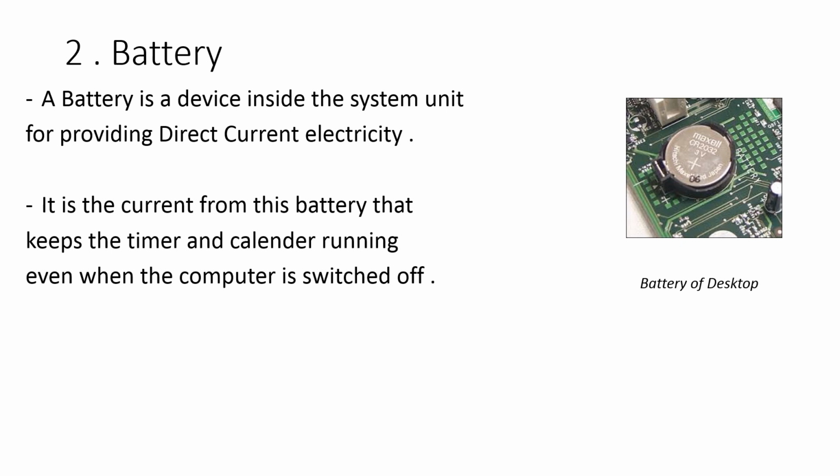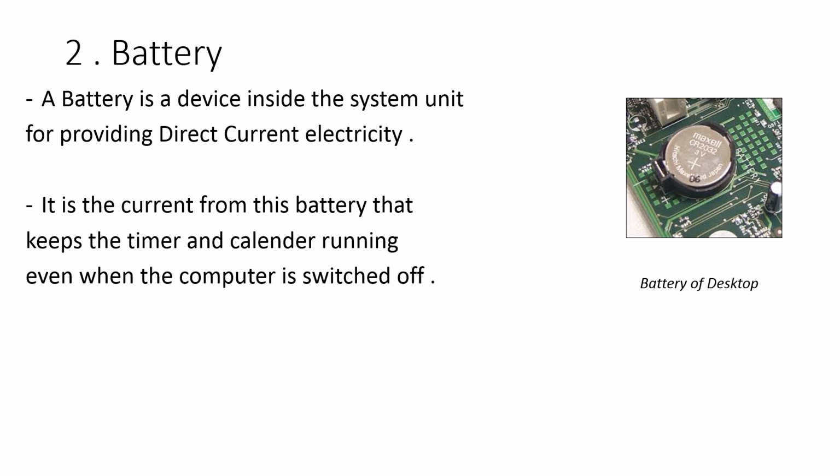Okay, have you noticed? Now, if you switch off your PC or desktop, and again when you switch it on, suppose you switch it off for 2 or 3 hours, and then you switch it on again, will you notice the same timing on your desktop screen?